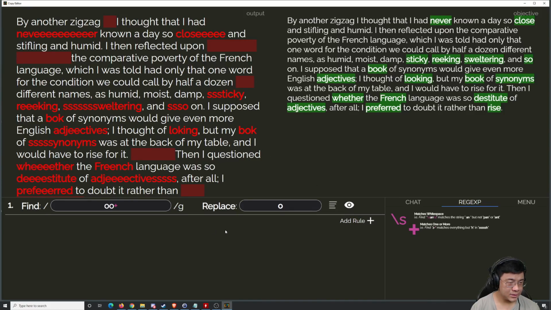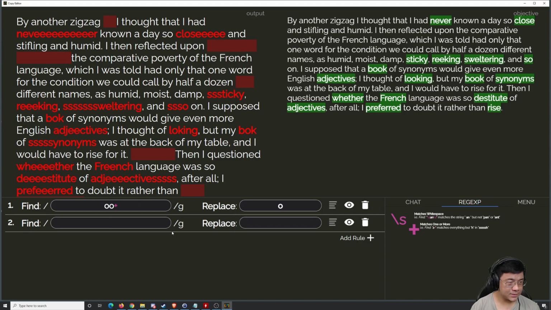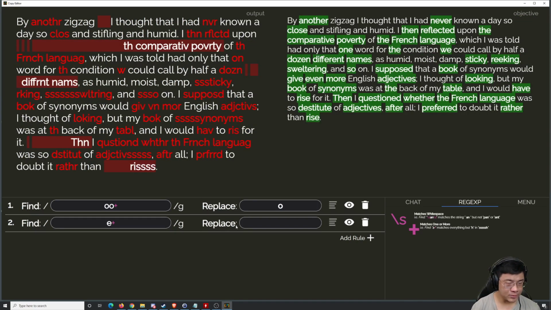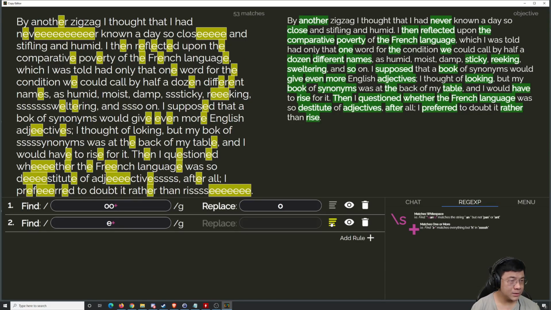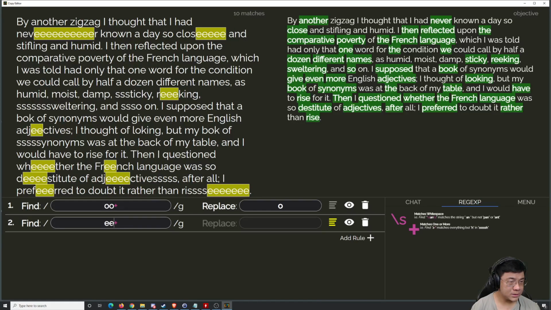So now you need to do the same thing with E's and S's. But you need to be careful because you don't want the first E up here. But then it's okay because all the E's appear in more than one clump. You need 2 E's.